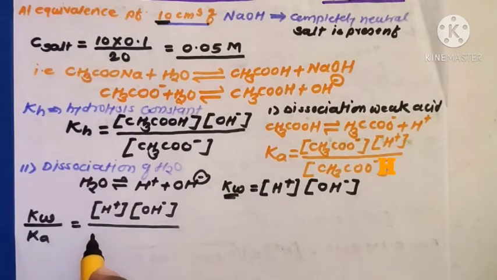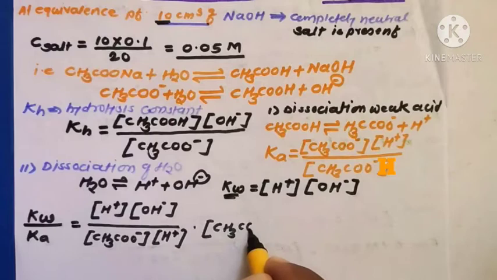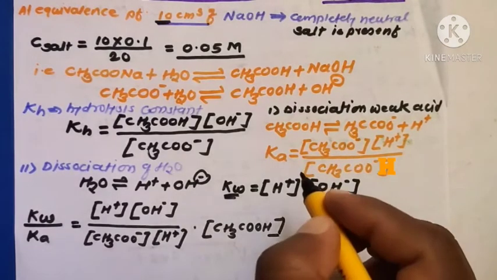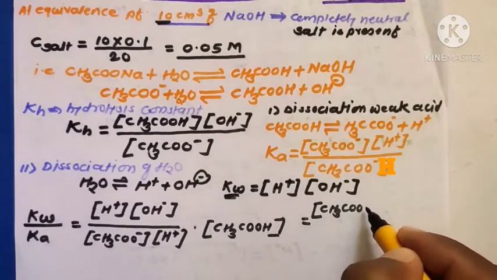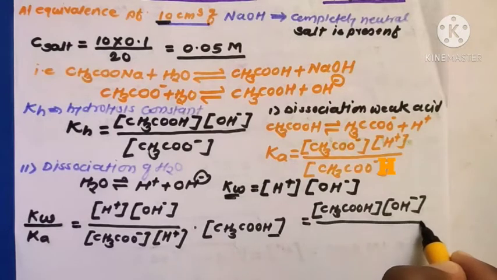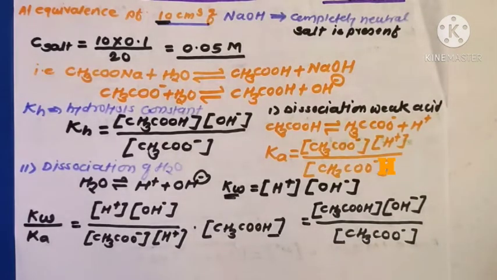divided by concentration of acetate ion into concentration of H plus ions into concentration of CH3COOH, which can simplify to the concentration of CH3COOH into concentration of OH minus ion divided by the concentration of CH3COO minus ions, which is identical with the above equation.